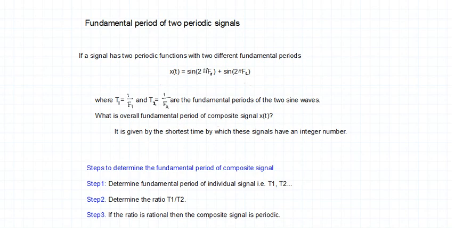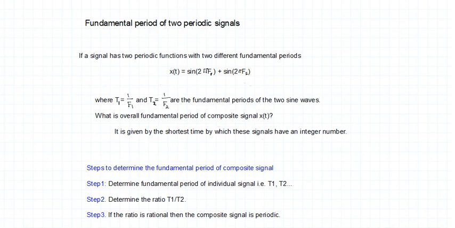In step number two, you are expected to calculate the ratio T1 by T2. And in step number 3, we have to see what the ratio is. If the ratio is a rational number, then the given signal is periodic. If the ratio is irrational, then the signal is aperiodic.